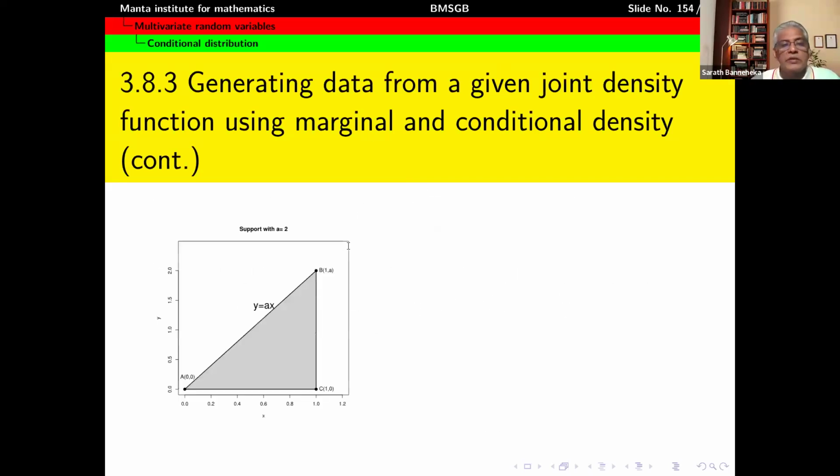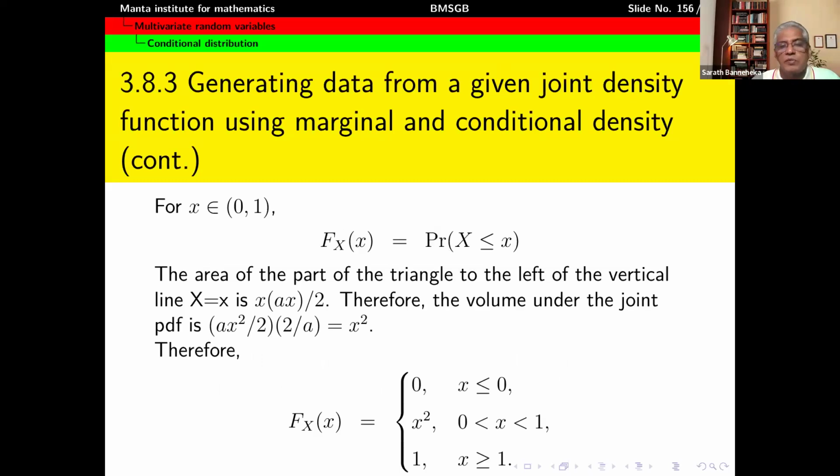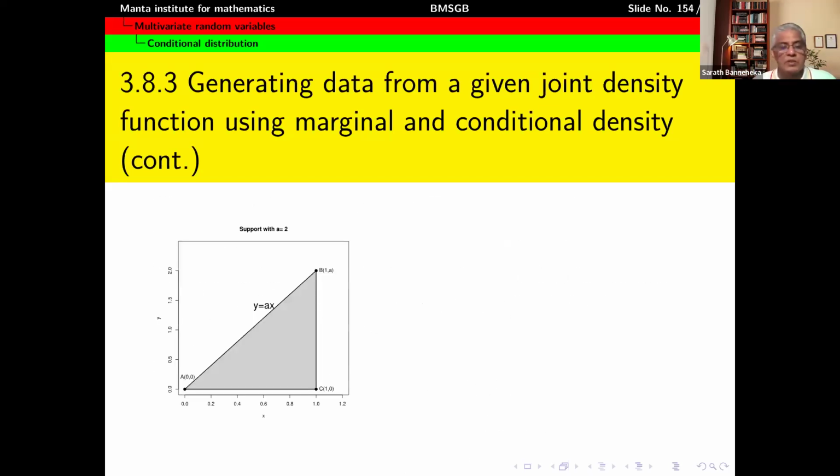We wanted to get the marginal distribution, the cumulative distribution function of x, right? So the cumulative distribution function of x evaluated at simple x is given by the probability x less than or equal to simple x. And as I was explaining, this is the support of my joint density function.